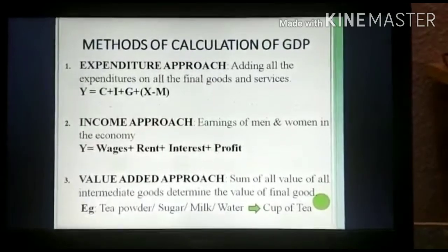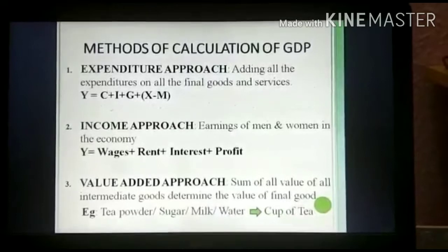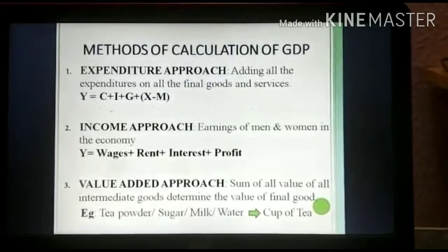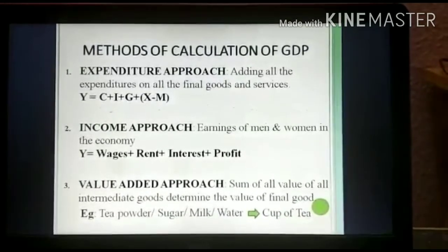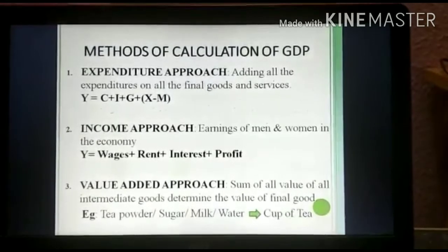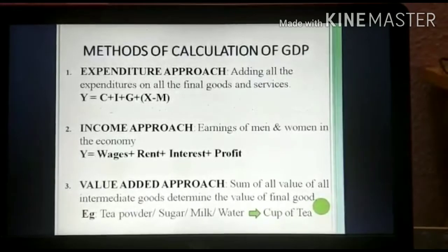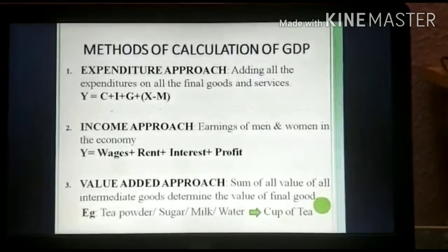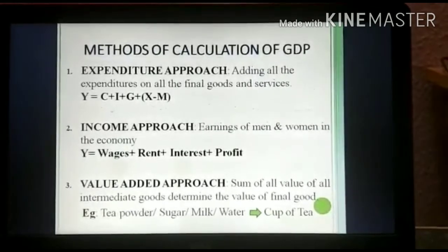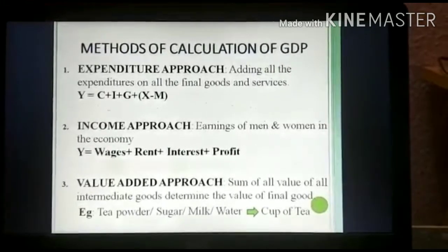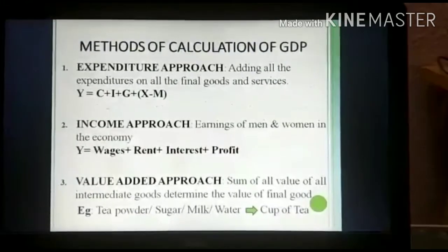The cup of tea is the final good. So we add the value of all intermediate goods, and that will determine the value of our cup of tea. So these are the 3 methods of calculation of GDP. Now students, you remember this is a detailed question, so please study properly, revise and write.